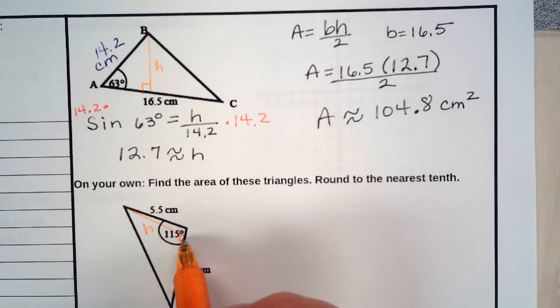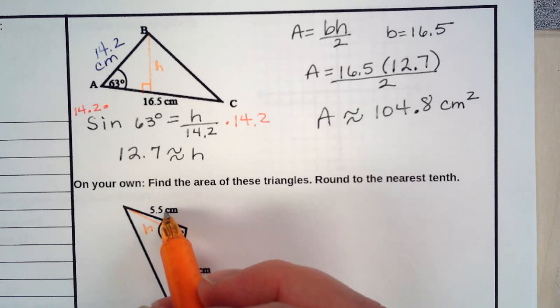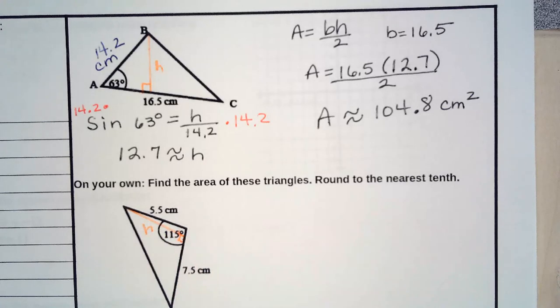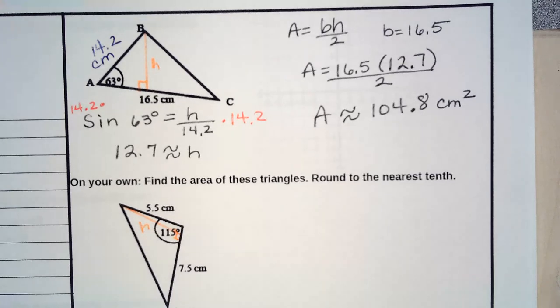Okay, so here's my right angle. My hypotenuse is 5.5. I'm looking for my opposite side. The sine of 115 degrees is equal to h divided by 5.5. How do I solve?